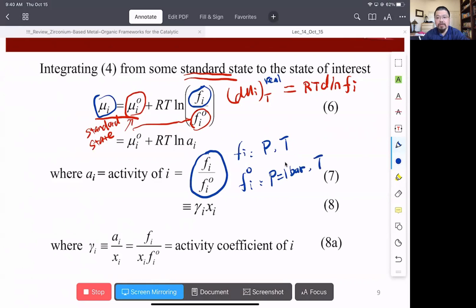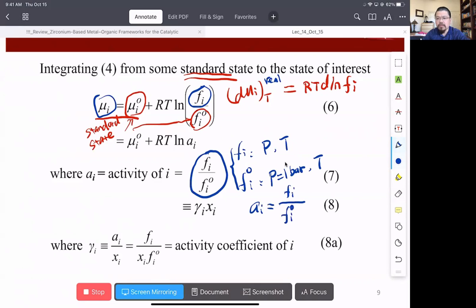We compare that ratio, and we define that as the activity. Nothing special, we purely define this a i as the ratio between fi and fi naught.